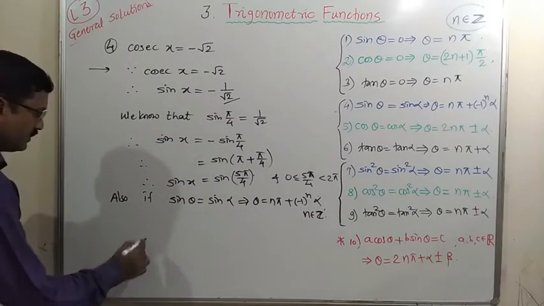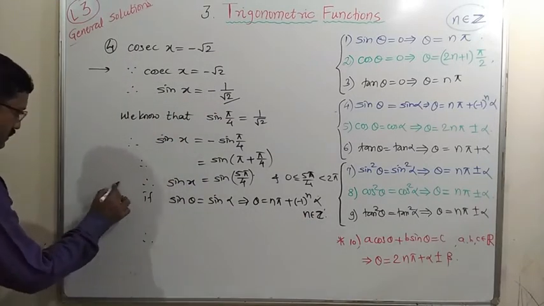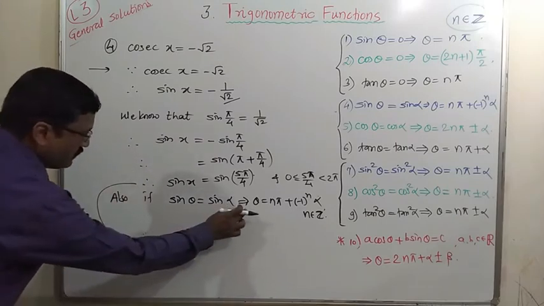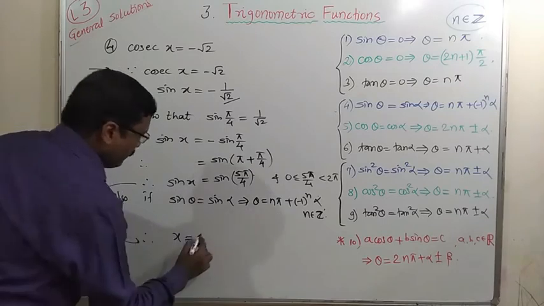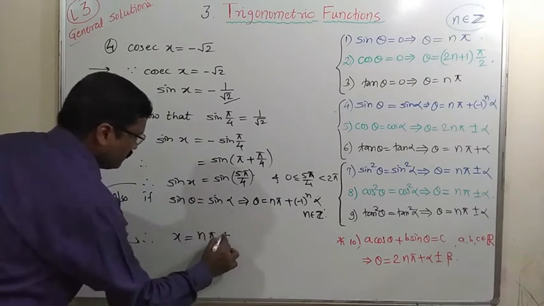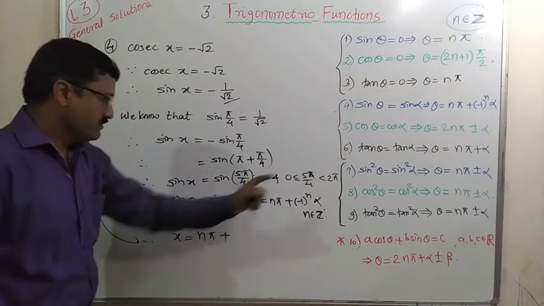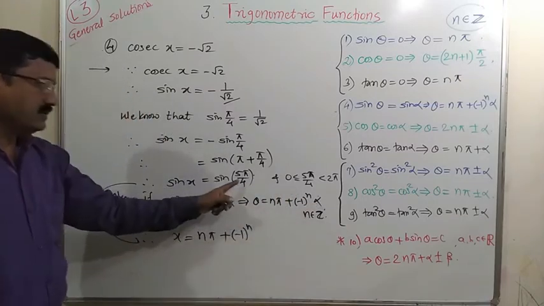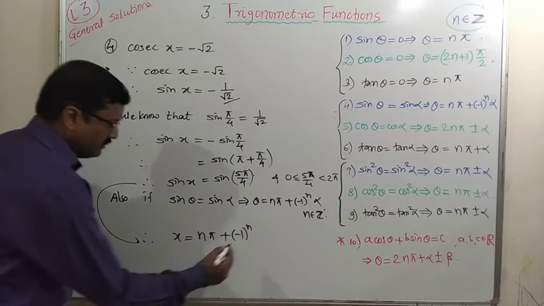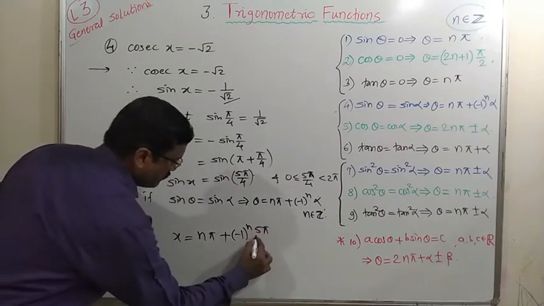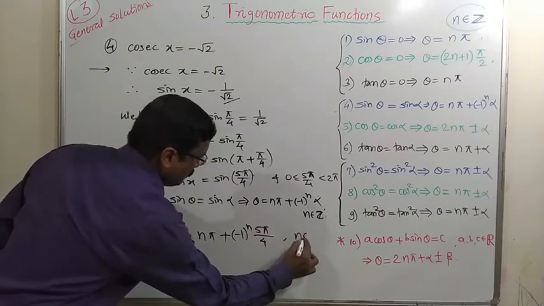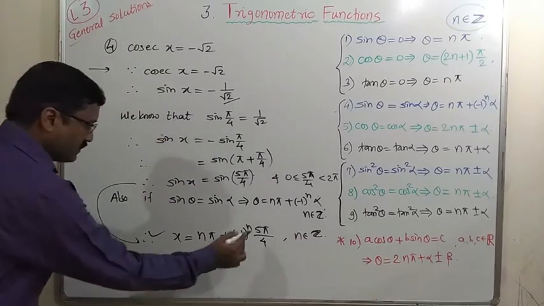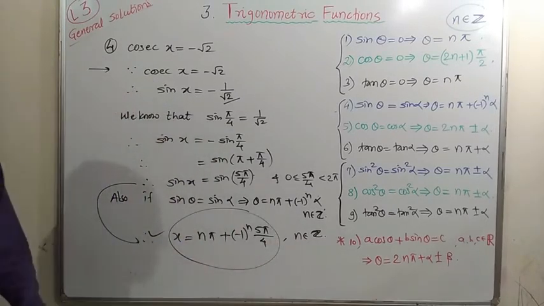Okay, therefore here from this equation we get x equal to, x means theta, equal to n pi plus minus 1 raised to n into, here alpha is 5 pi by 4, where n belongs to integers. So that will be the general solution.